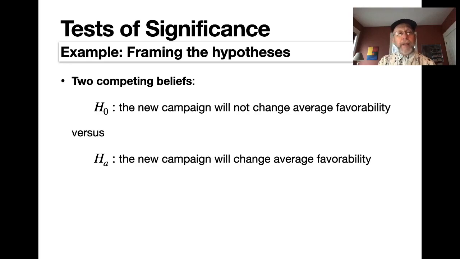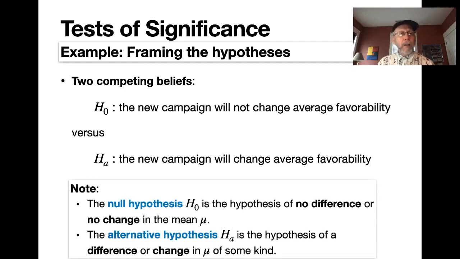You see how I've labeled these with symbols H sub 0 and H sub A. Those are called the null hypothesis, that would be H0, and the alternative hypothesis. Those are going to be the two hypotheses that are in question throughout a significance test. The null hypothesis, denoted by H0, is the hypothesis of no difference or no change.